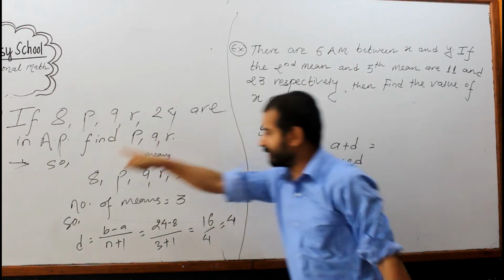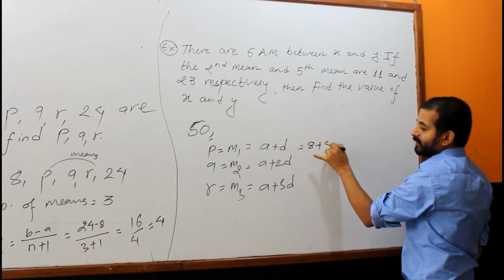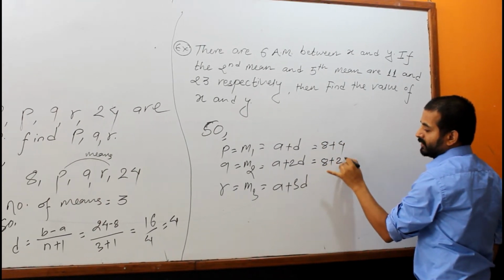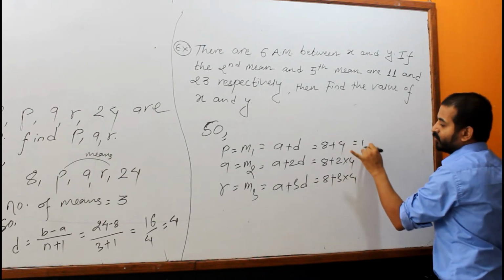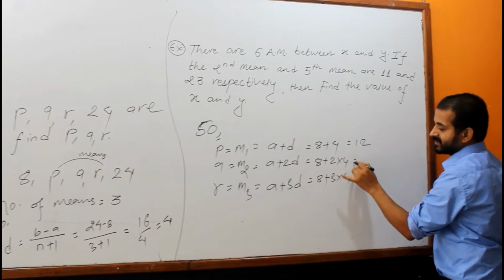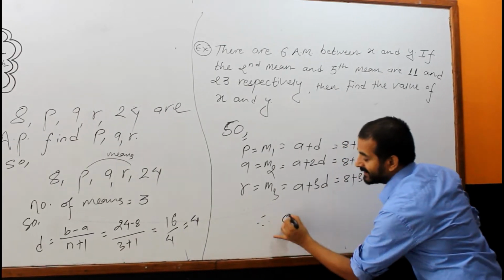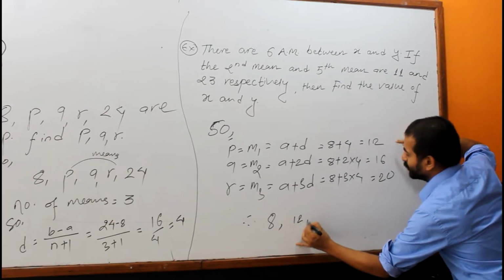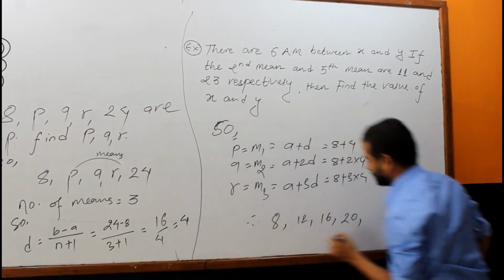Now A is 8. 8 plus D, which is 4, 8 plus 2 into 4, 8 plus 3 into 4. That is 12, 16, 20. Therefore it starts from 8, becomes 12, becomes 16, becomes 20 and ends at 24.